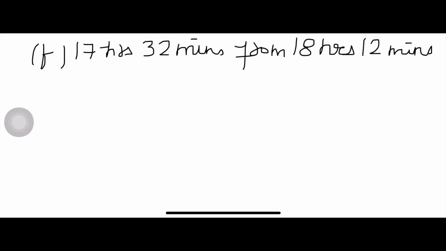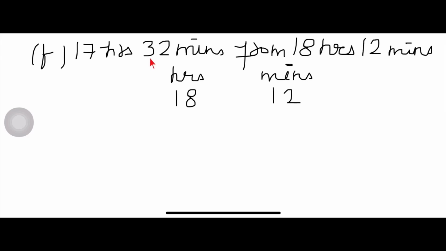Now we have to subtract 17 hours 32 minutes from 18 hours 12 minutes. So first we will write 18 hours and 12 minutes. So write 18 and 12. But students, just see carefully. Here 12 minutes and here 32 minutes is given. It means we have to subtract 32 from 12.